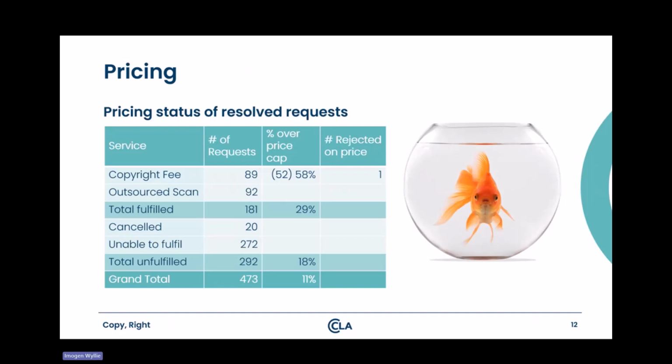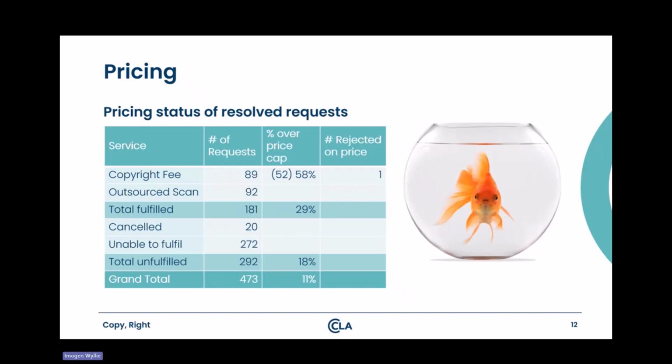Pricing. We talked about the price cap of £40 for copyright fee paid. We have been reviewing that as well with the British Library. Did we set that about right? You can see again here some numbers. These are all of the resolved requests, the ones that are not still sitting with us. We had 52 that were over the price cap, and only one of those came back and said, actually, no, that's too expensive, we don't want to go ahead.